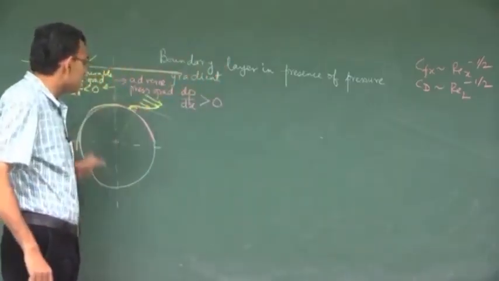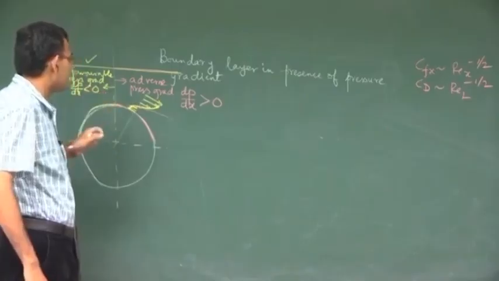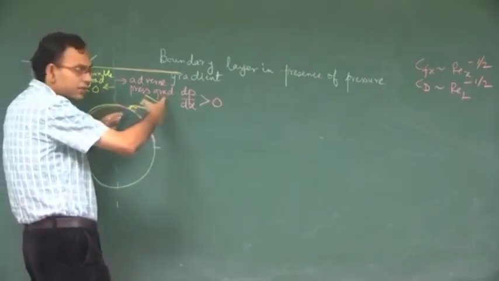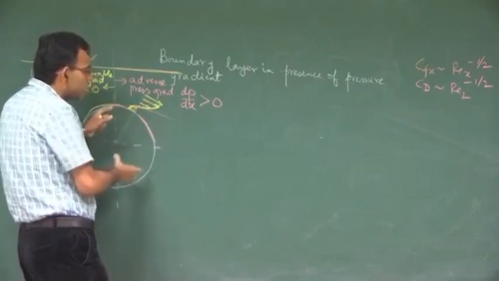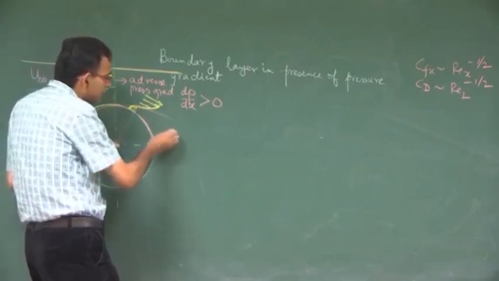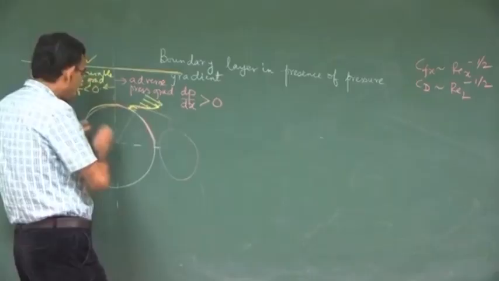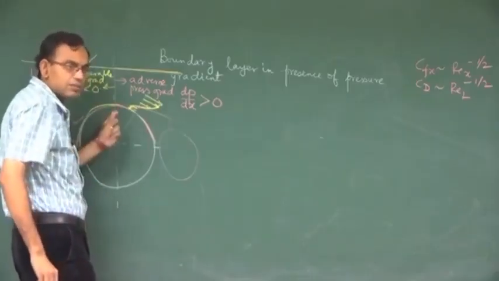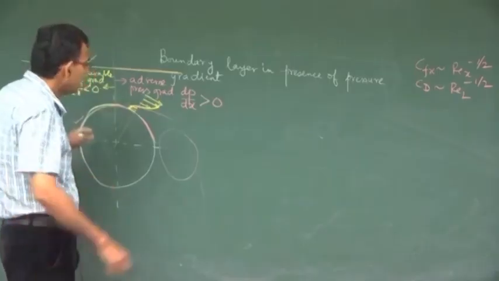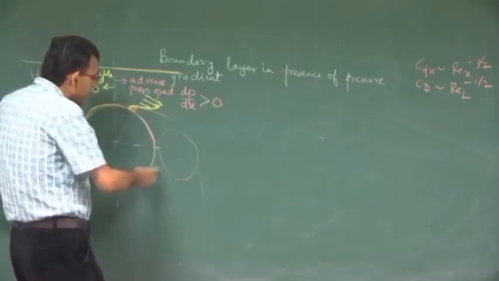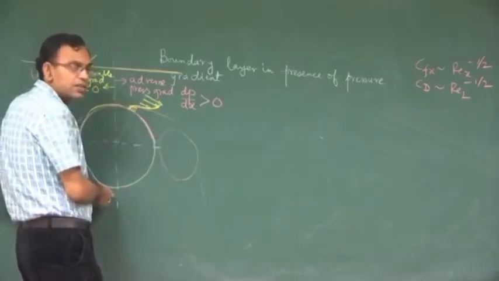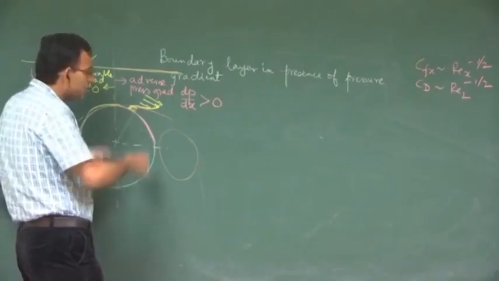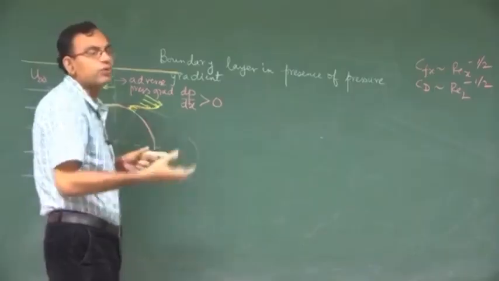So, with this physical understanding of the role of the adverse pressure gradient, when the boundary layer has separated or got detached from the wall, the consequence is that in this region there is a low pressure and on this region there is a high pressure, because there is a driving pressure gradient, and because of this there is a pressure distribution across the body which is now no more symmetric, and because of this pressure distribution there is a drag force.